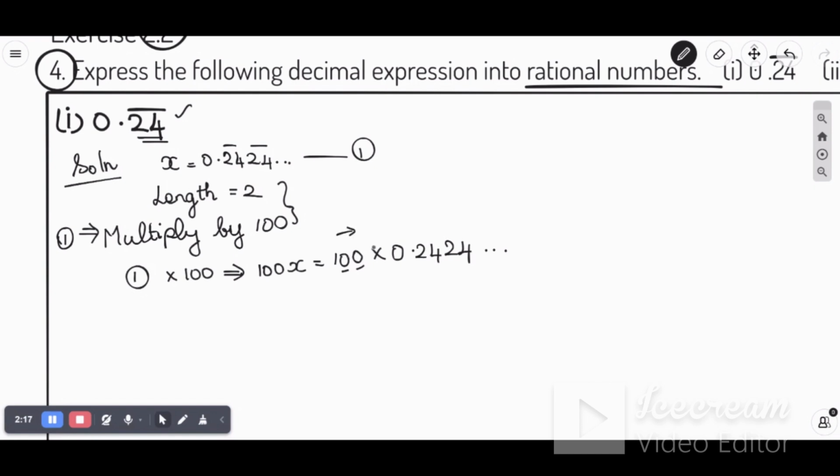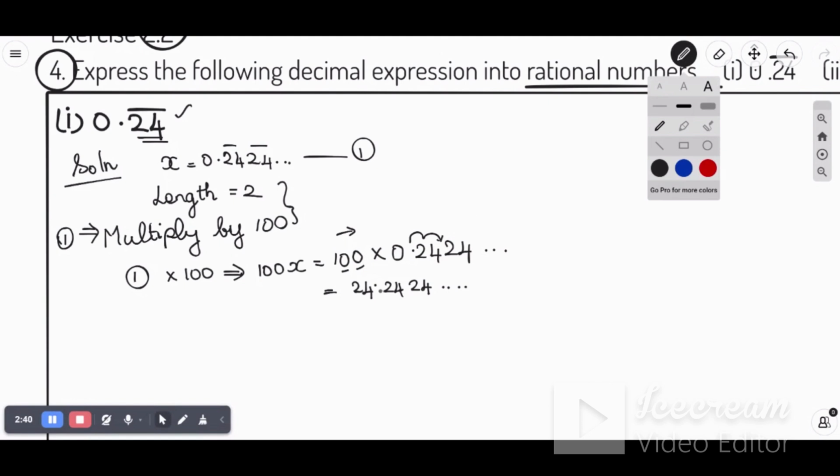So your point is here, 1 digit, and next digit you place your point here. So your answer will be 24.24, and it goes on. The 0 in the front is not recorded because it has no value. So this is our recurring decimal, which is 100x. Let us take this as equation 2.